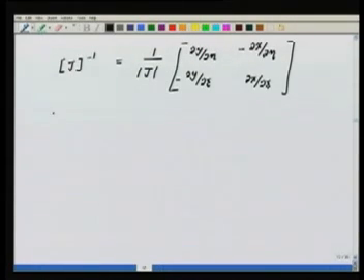So del psi del x is equal to 1 by Jacobian into del y del eta.